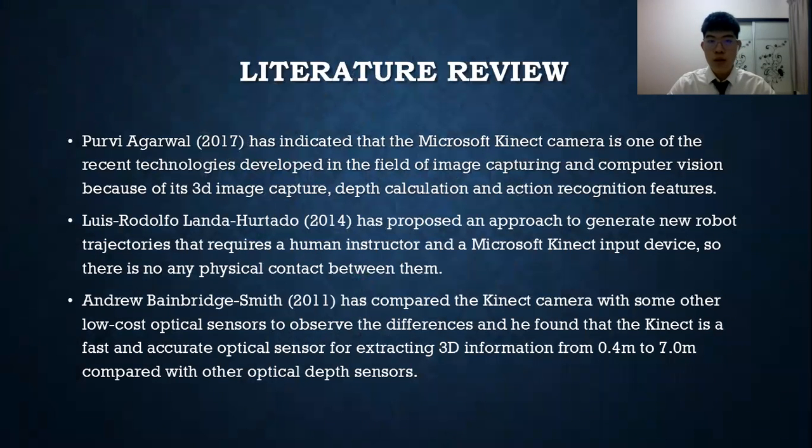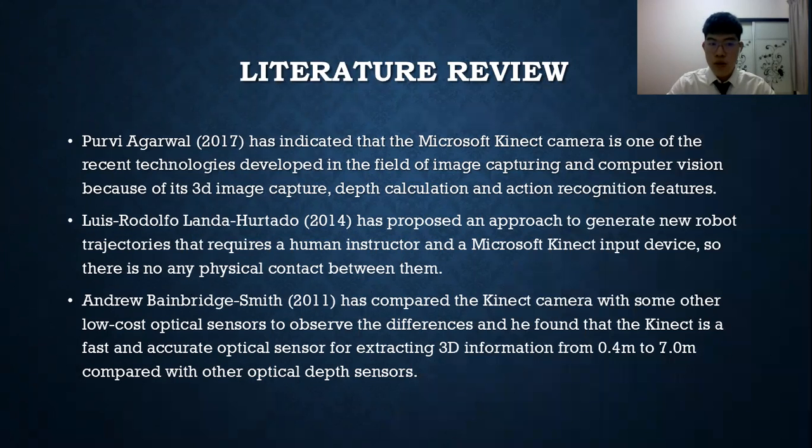So in this project, I have found some literature review related to my project. For example, Poki Agawa 2017 has indicated the Microsoft Kinect camera is one of the recent technologies developed in the field of image capturing and computer vision because of its 3D image capture, depth calculation and action recognition features.